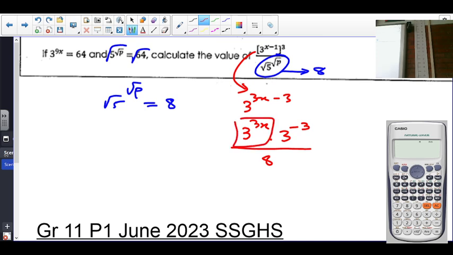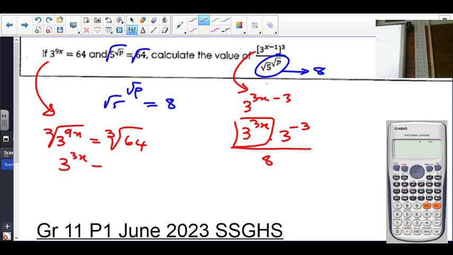Now coming from here, if I take the cube root of 3 to the 9x, that is equal to the cube root of 64. So the cube root, 9x over 3, is going to be 3 to the 3x is equal to the cube root of 64, which is 4. So 3 to the 3x is 4.